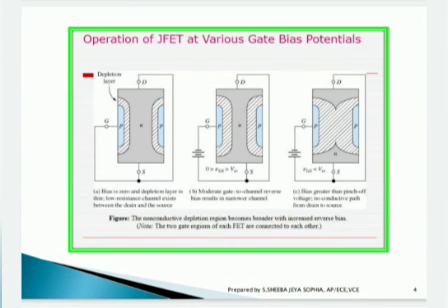Operation of this JFET at various gate bias potentials is shown in this diagram. Figure A represents bias is 0 and the depletion layer is thin. A low resistance channel exists between the drain and the source. Moving to figure B, moderate gate to channel reverse bias results in a narrower channel, as you can see clearly in this diagram.